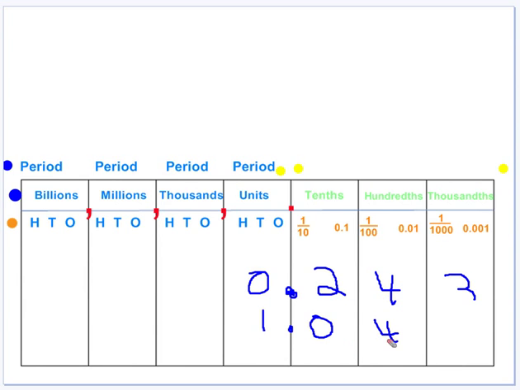Notice how we're just reading the number as if it was in this period right here, but we just tack on at the end the place value of the last digit in our number. So that finishes up our place value chart. You can start using the place value chart to write your decimal numbers inside of it now, and helping you read them and line up your decimals and that kind of thing.